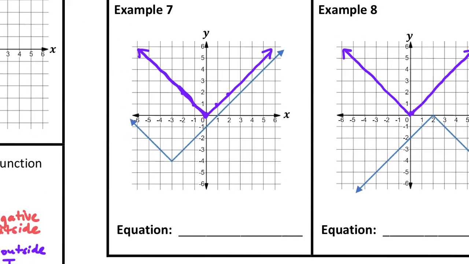Okay, so we have f of x equals, it just looks like we're moving the absolute value function to the left. 1, 2, 3. So to the left 3.